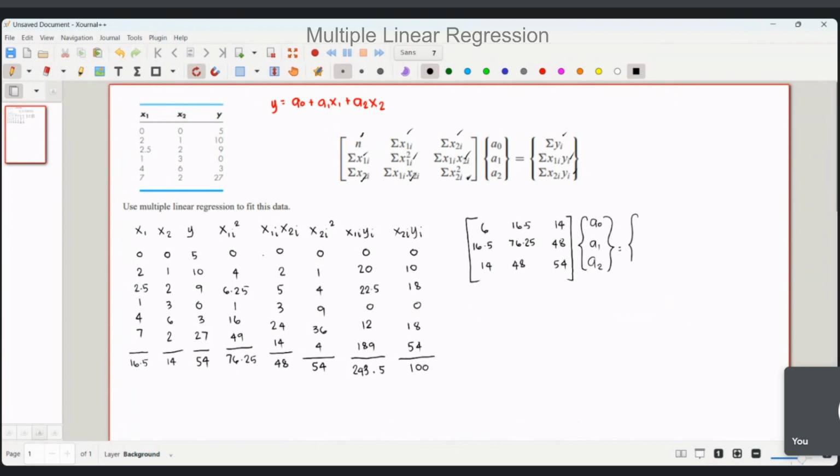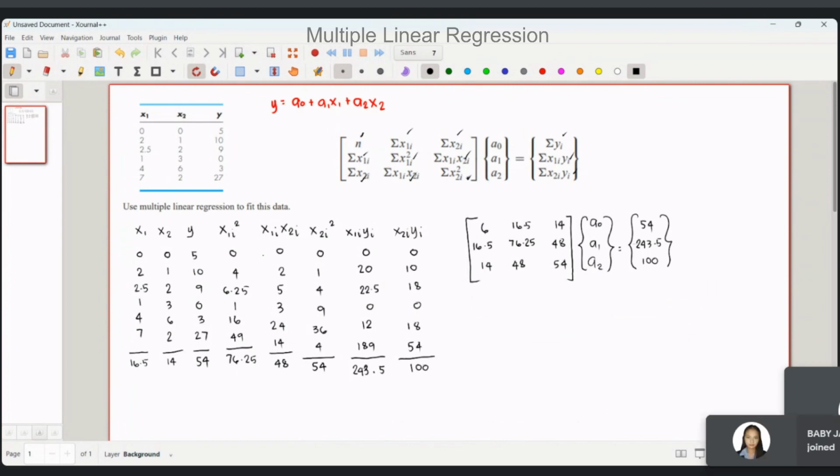And we need to have our constant, summation of y, that's 54. Summation of our x1y, 243.5. And last one is x2y. Right? Complete, class. And we still are going to use Gaussian elimination.